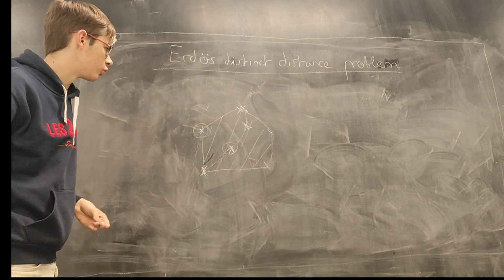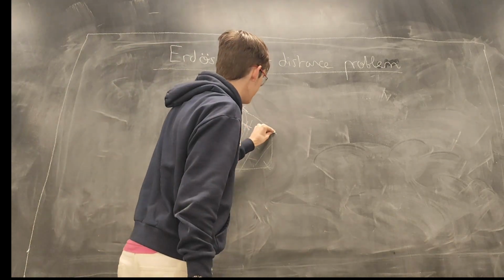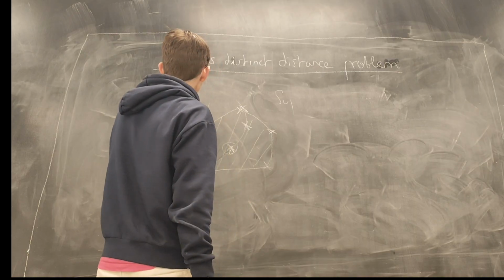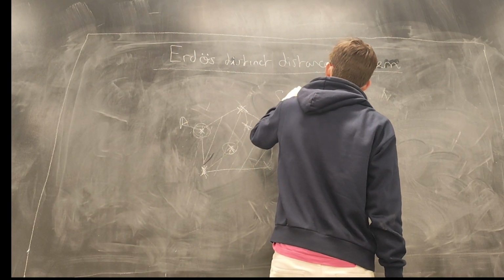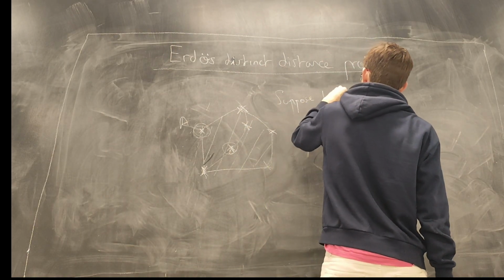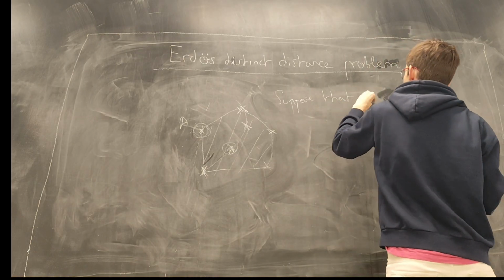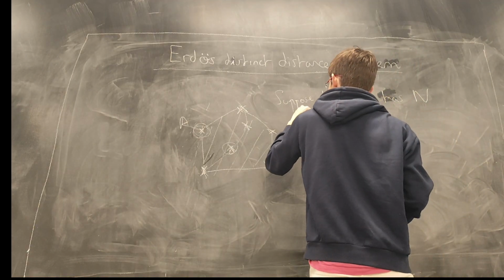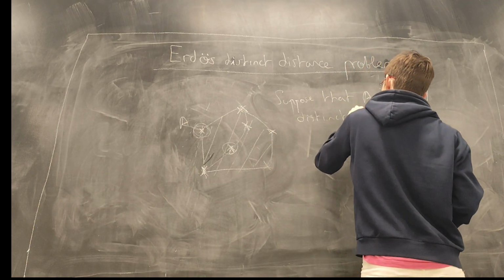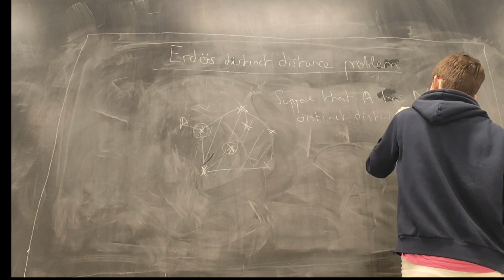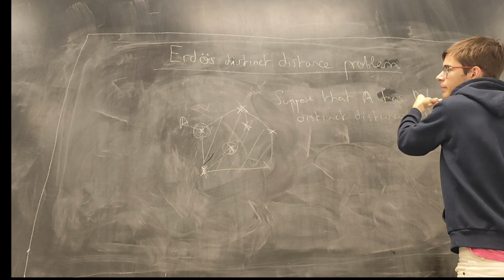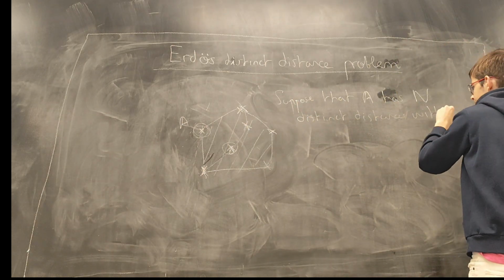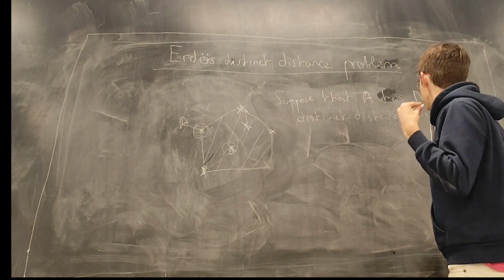Okay, so to quantify exactly what we're doing here, let's call this point A. Suppose that A has, let's say, big N distinct distances with other points. So basically, big N is the number of circles that you're tracing, if we compare to our previous proof.